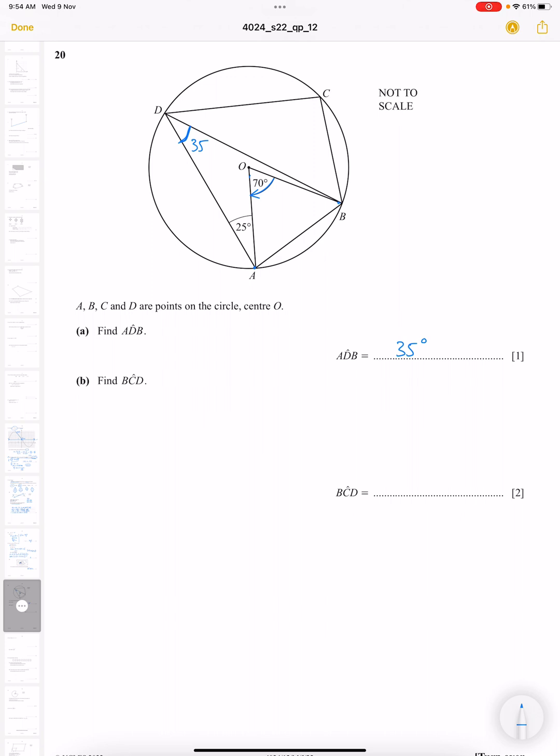Now angle BCD. This angle you have to find out.